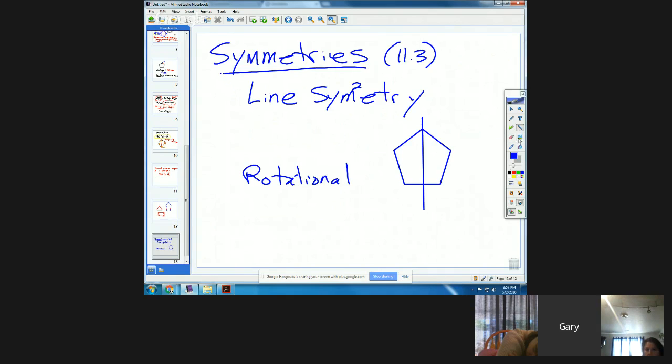Well, I've got that one line there. And then if you think about this point over here, I have a line through that point. And then, let's see, do I have the line through this point yet? No. Let's try that one. There's another line of symmetry there. Do we have any others? I'm running out of color.